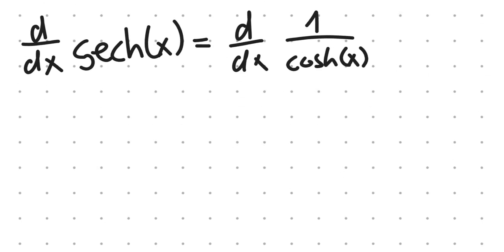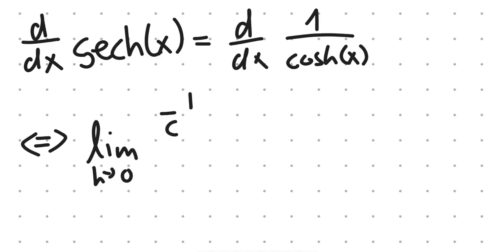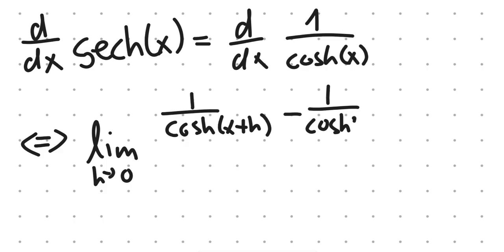So now we plug 1 over cosh x into the limit: the limit as h approaches 0 of 1 over cosh of x plus h minus 1 over cosh x, all over h.